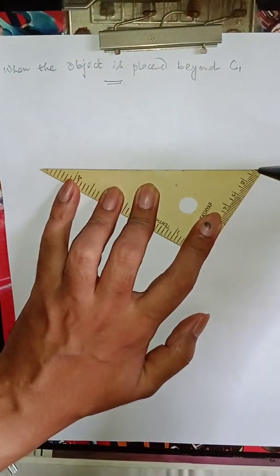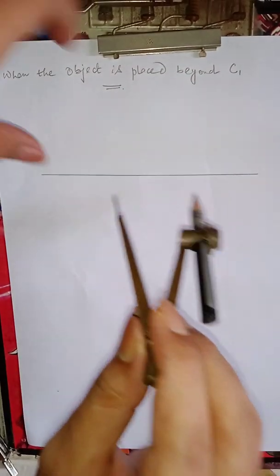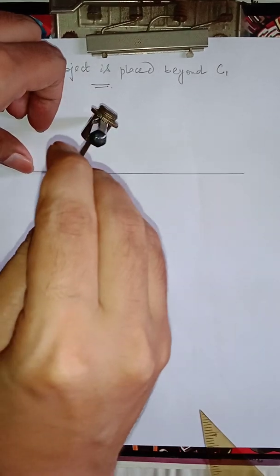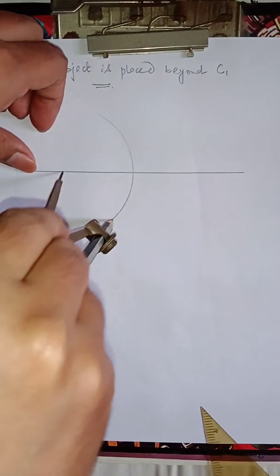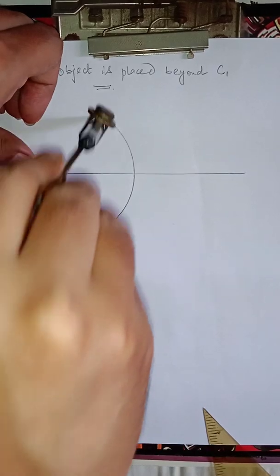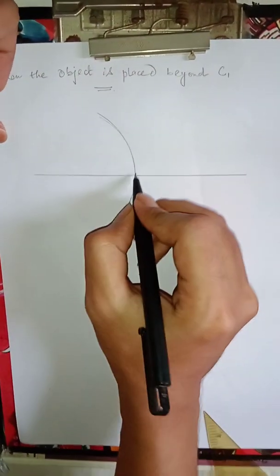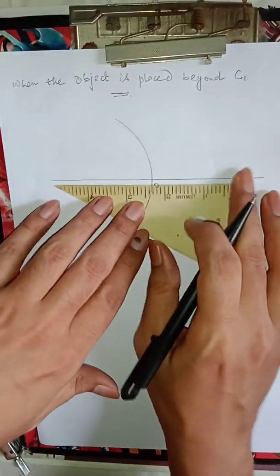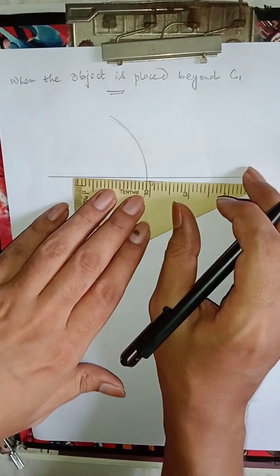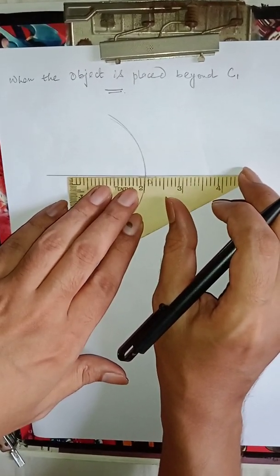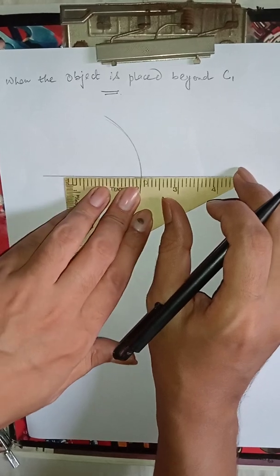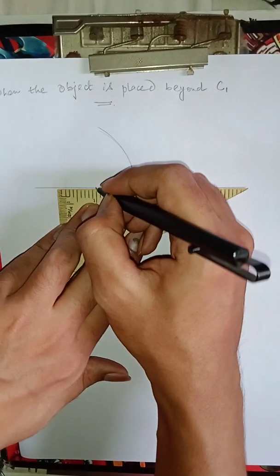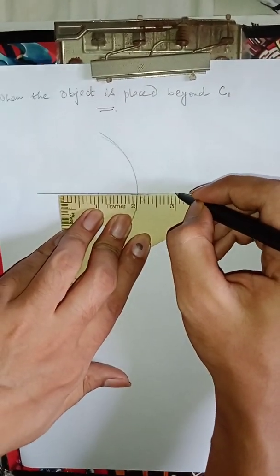If we draw a straight line, I am taking an arc of any length, which is usually the mirror. Center O. Eventually, if this is the center, from O I am taking equal focal lengths on both sides.